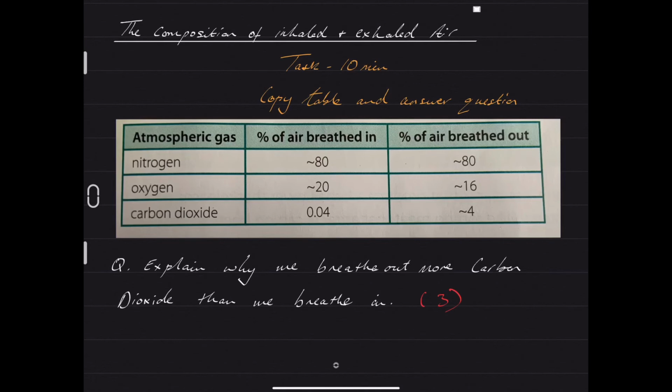But the jump from 0.04 to approximately 4% is quite significant. What is causing this significant jump? Why do we have this increased amount? So can you take 10 minutes, copy the table down, and then answer this question? And can I have your answer to this task posted back on Teams?